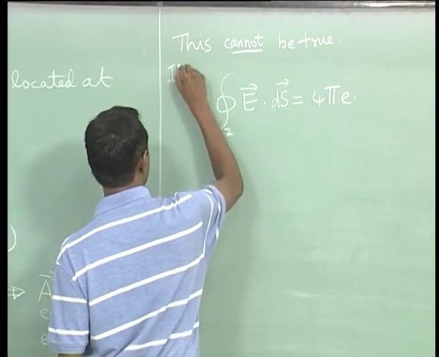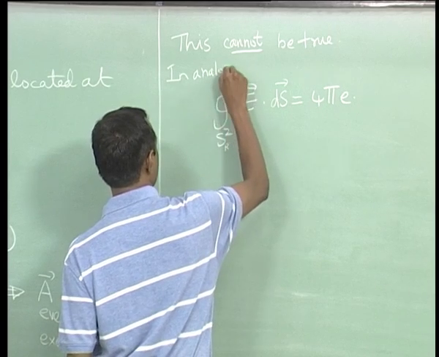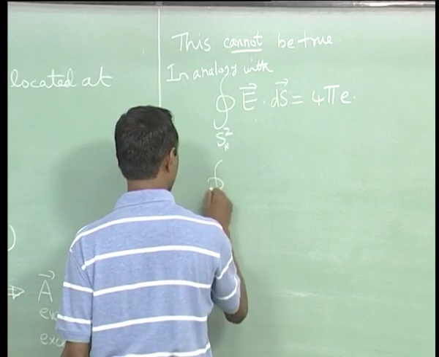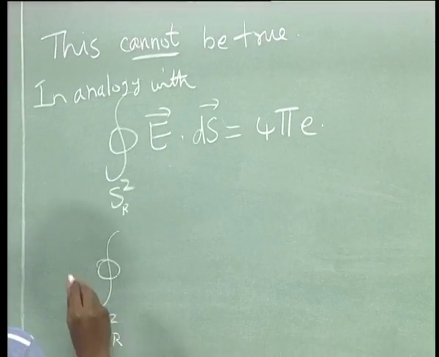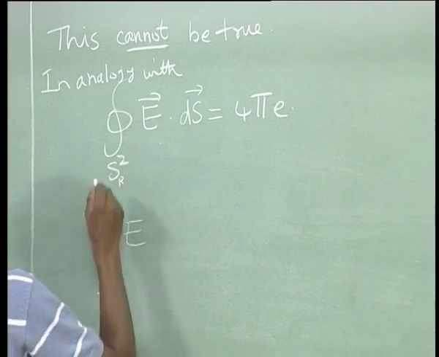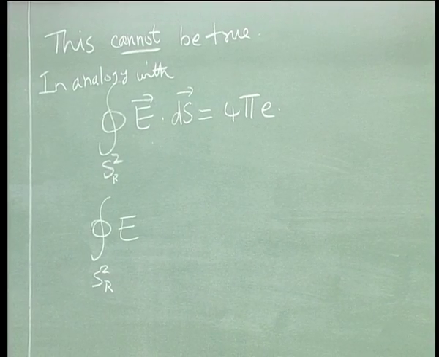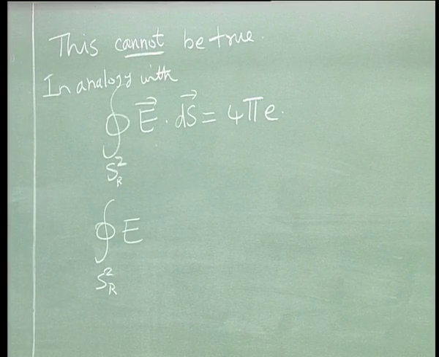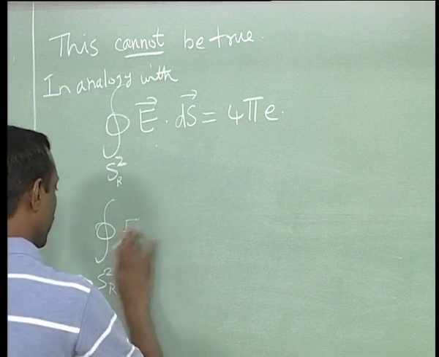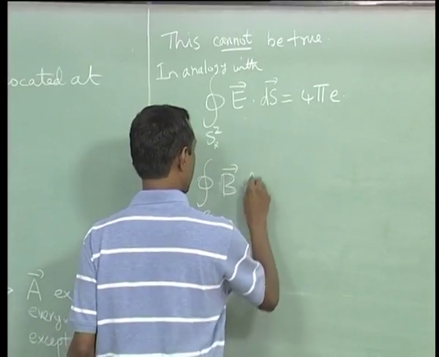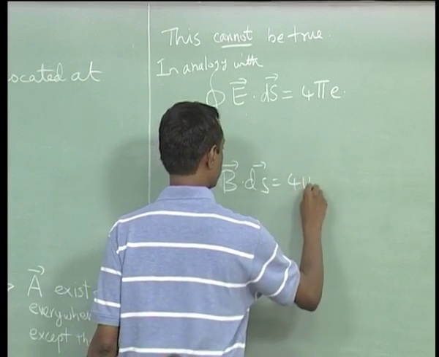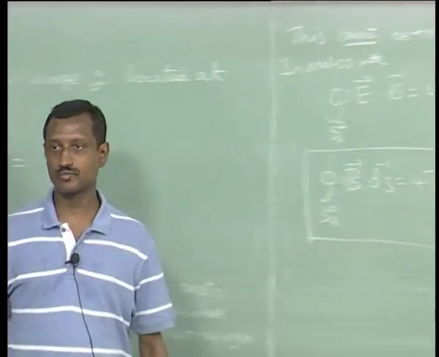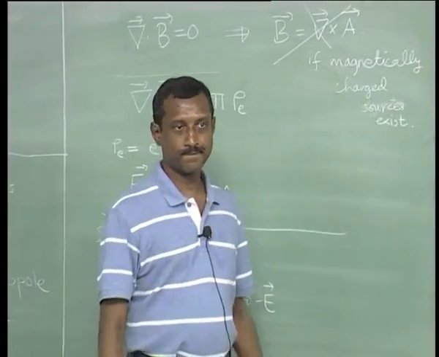In analogy with this, we can write the integral over S2, a sphere of radius r centered at the origin. I can choose any Gaussian surface that encloses that charge, then it is okay. So I will get B dot ds should be 4 pi g.